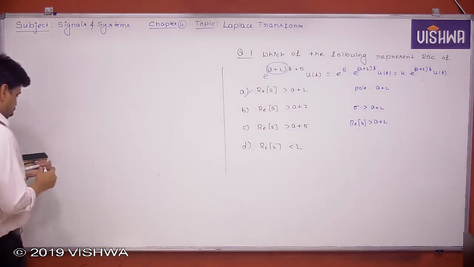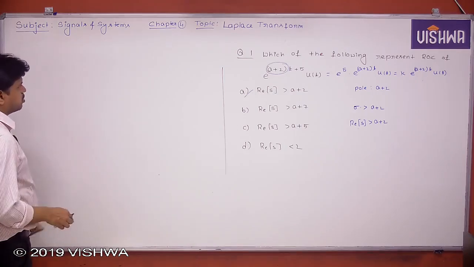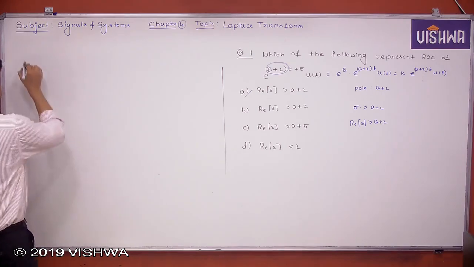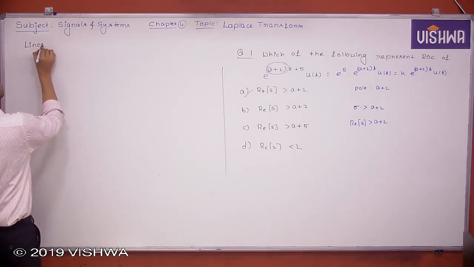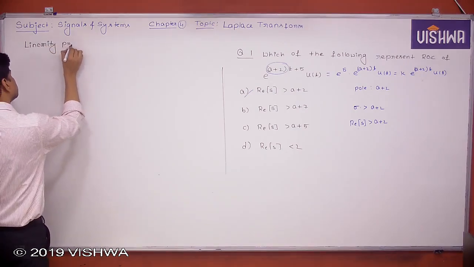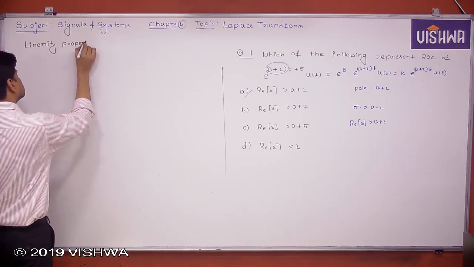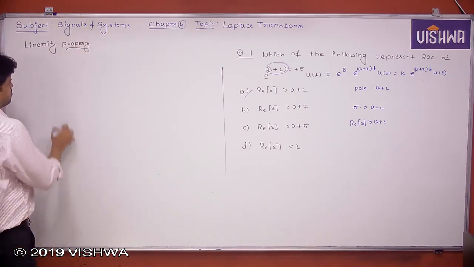Next property, which is very important, even though it looks very simple, but is not that simple: the linearity property. What is the linearity property?